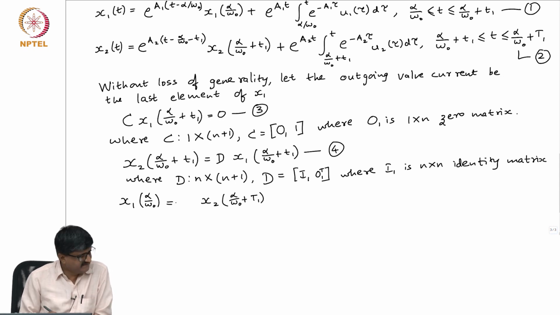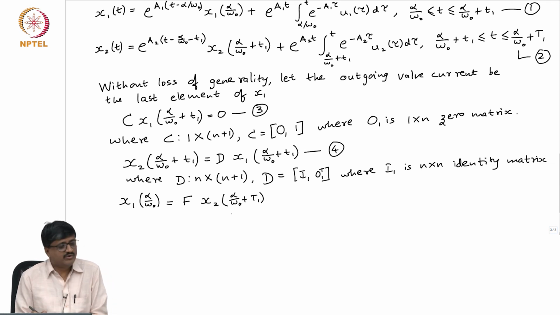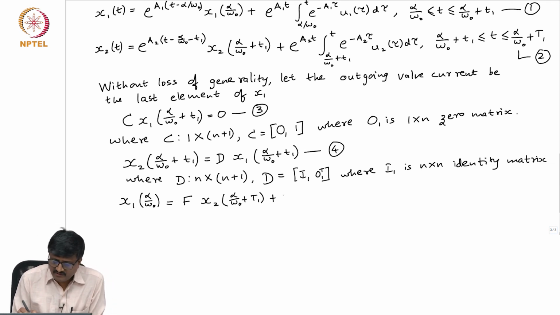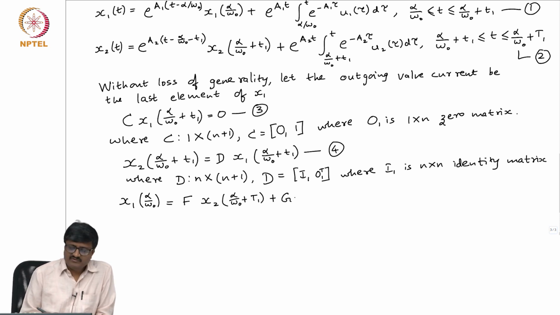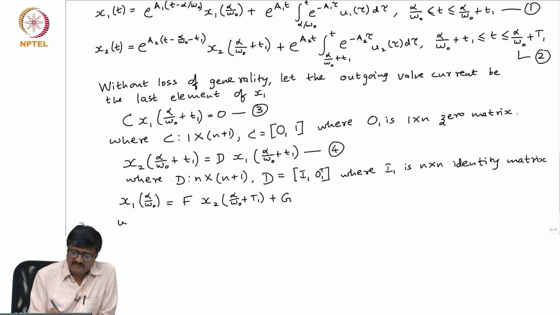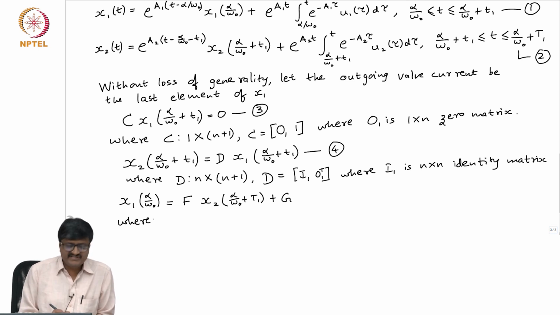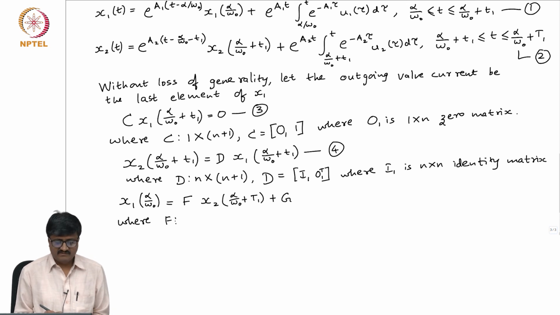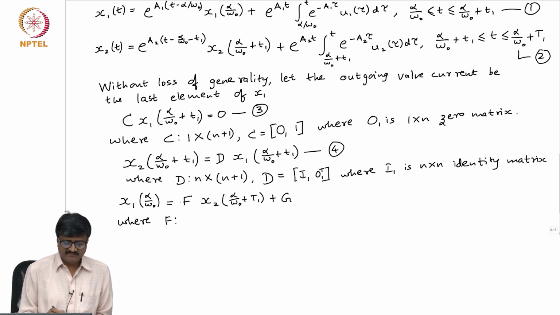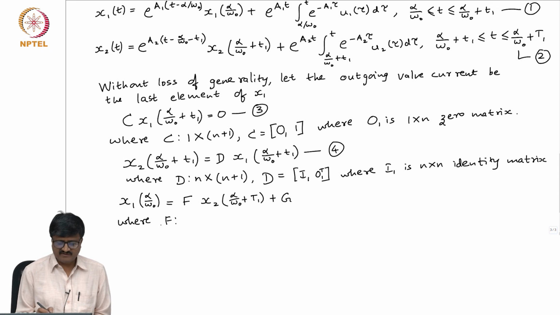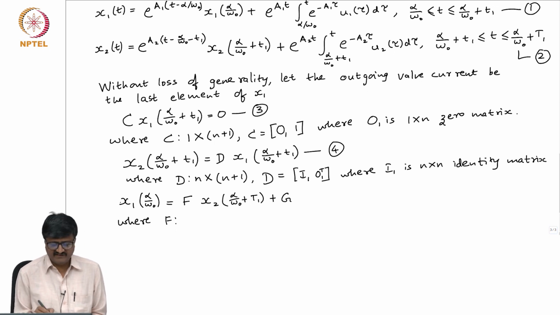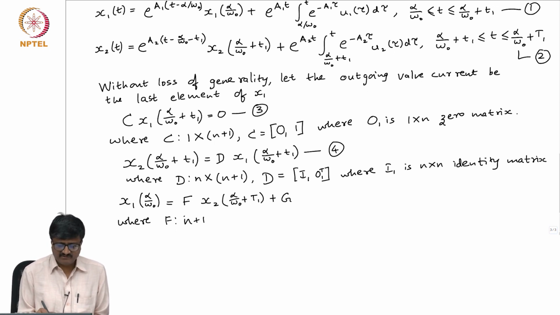So, I will say that this is f times x2 at alpha by omega O plus T1, plus g, where f and g have appropriate sizes. What is the size of f? It comes from the sizes of x1 and x2. The number of rows should be the number of elements in x1, that is n plus 1.